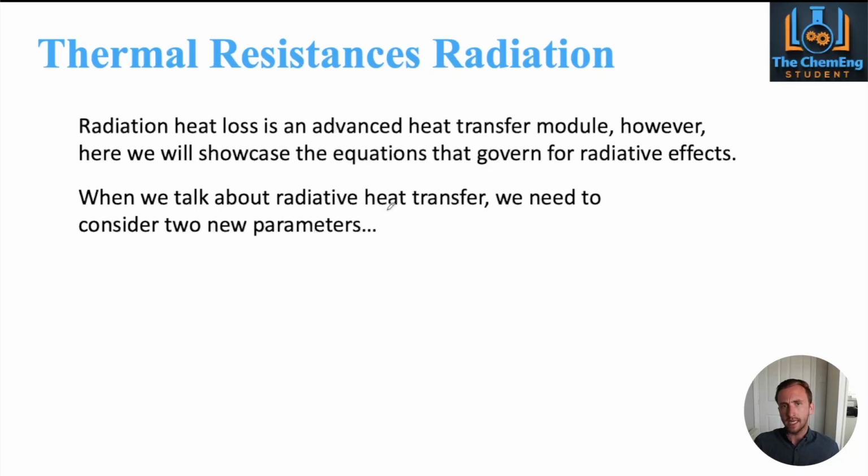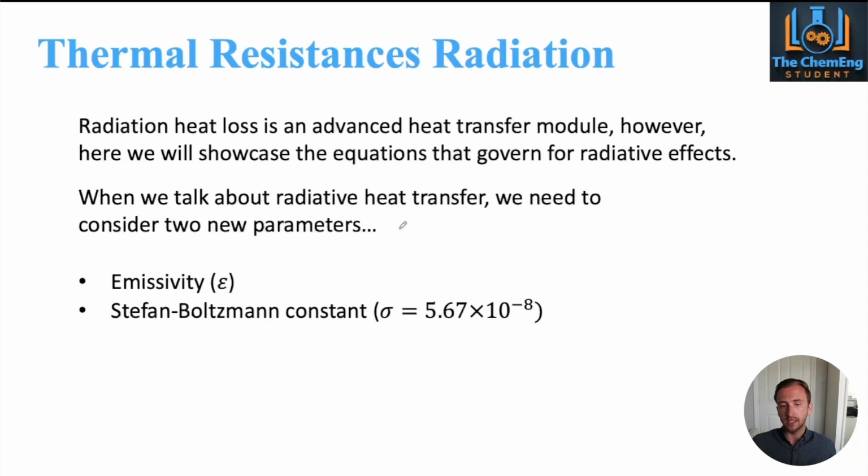When we talk about radiative heat transfer, we need to consider two new parameters, because regardless of whether we have convection or conduction, everything will have radiative heat transfer effects. The two things we need to consider are the emissivity, given by epsilon, and the Stefan-Boltzmann constant, given by sigma. This constant is 5.67 times 10 to the minus 8.